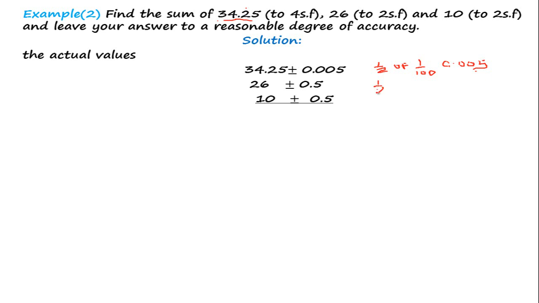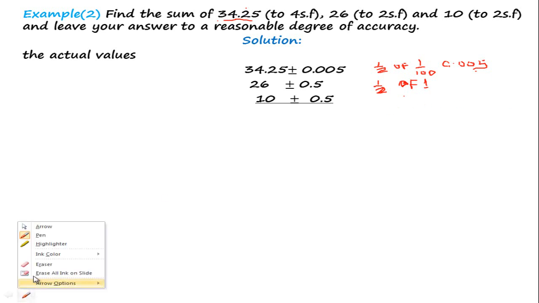For a whole number, it is going to be 1/2 of 1. But if it is one decimal place, it's going to be 1/2 of 1/10. Are you getting me? That's what I want to tell you, so that you know it in case.